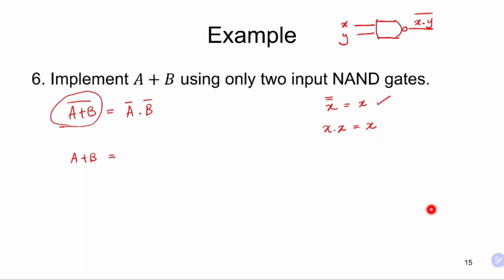From here, yeah? There will be A plus B bar bar. That's my starting point.